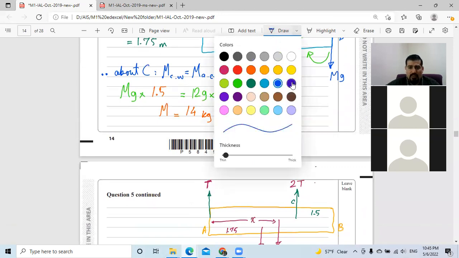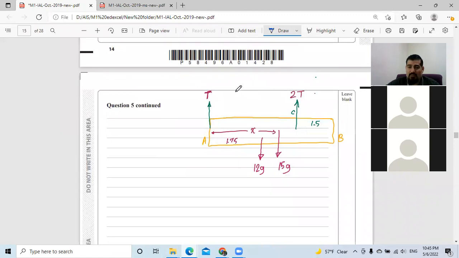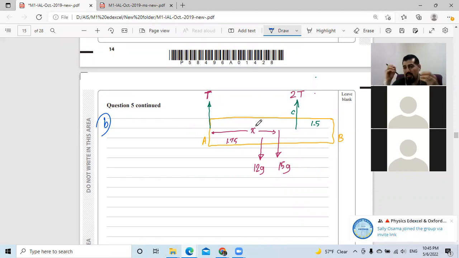So if we look at this question, we first need to find the value of T, because we have two unknowns, the tension and x. So in part B, as we know from the moment lesson, we have two formulas: moment clockwise equals moment anti-clockwise at any certain point, which you can do twice, or you can choose the formula forces up equal forces down, then talk about moment clockwise equals moment anti-clockwise, and that's what I'm going to do.